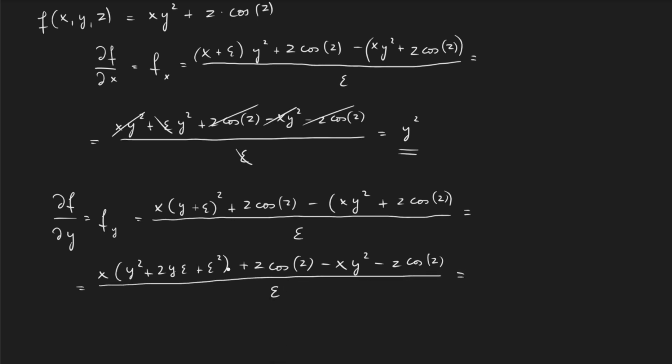And we will use the fact that epsilon is much less than 1, so epsilon squared is a very, very little number. I know this is not the right notation, but it is approximately 0, so under this assumption we won't calculate with epsilon squared, because that is much less than 1.